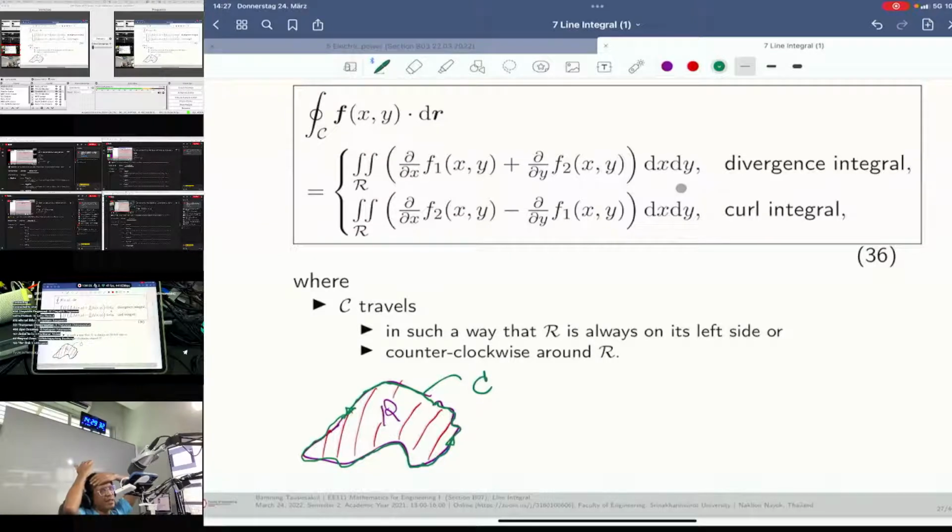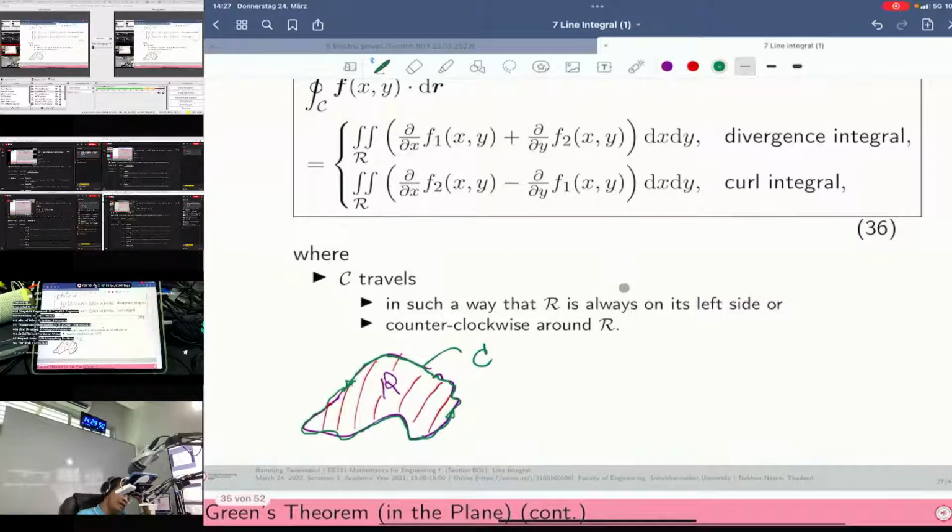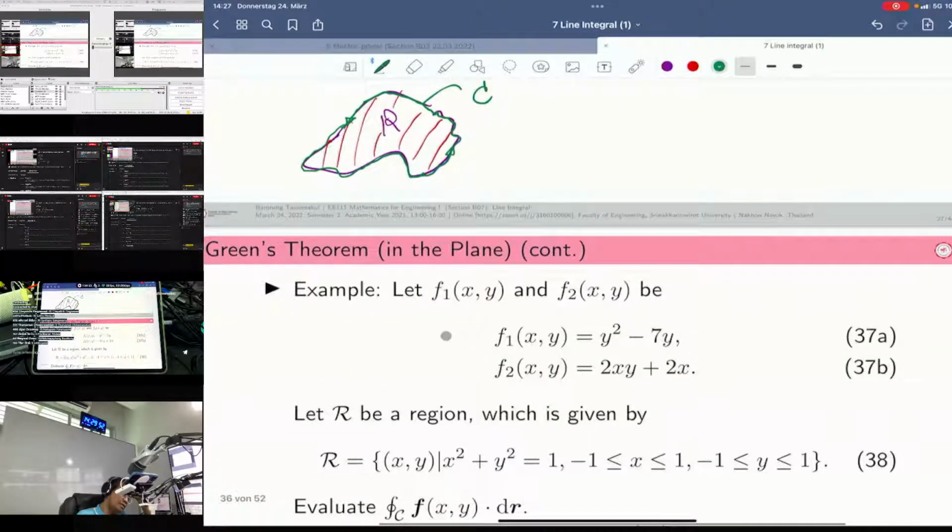For simplicity, for us here in the bachelor degree, we are going to consider only functions that depend on x and y, two variables, and we have only two function components, f1 and f2. It might be difficult to understand. The better way is to consider the example.